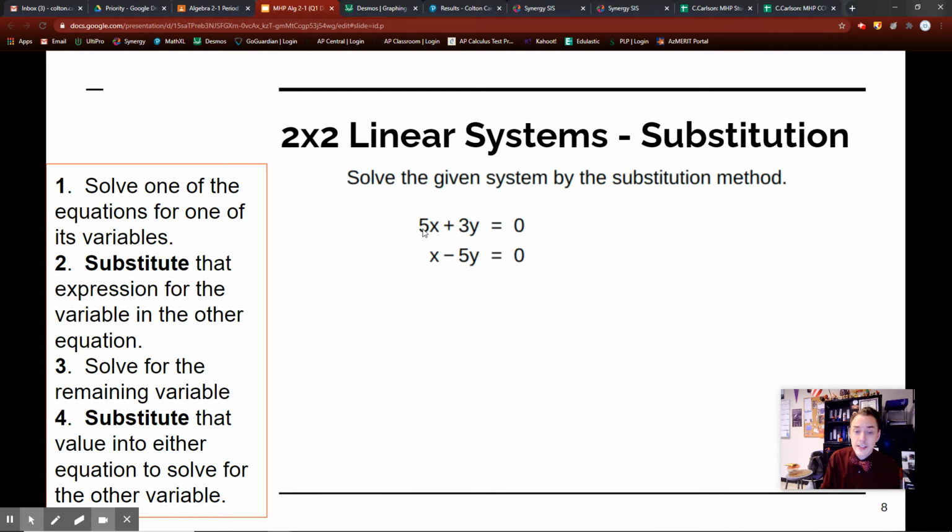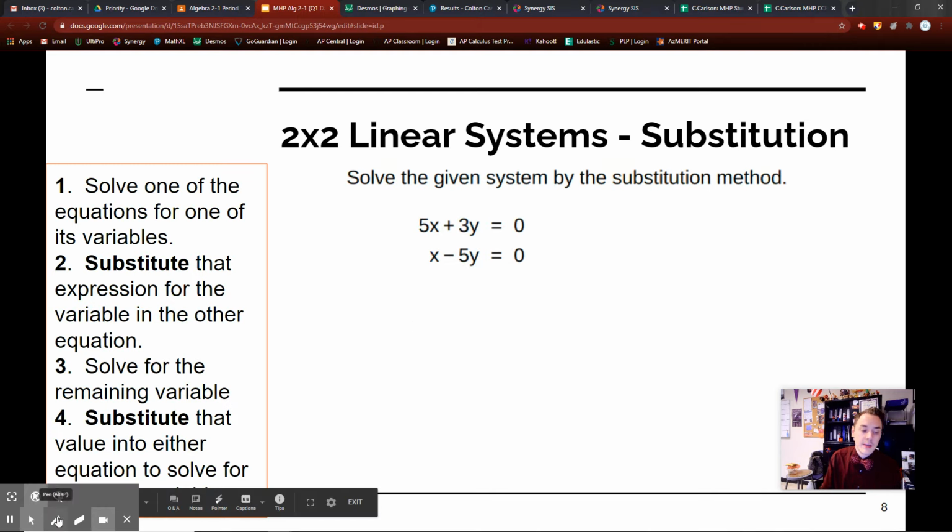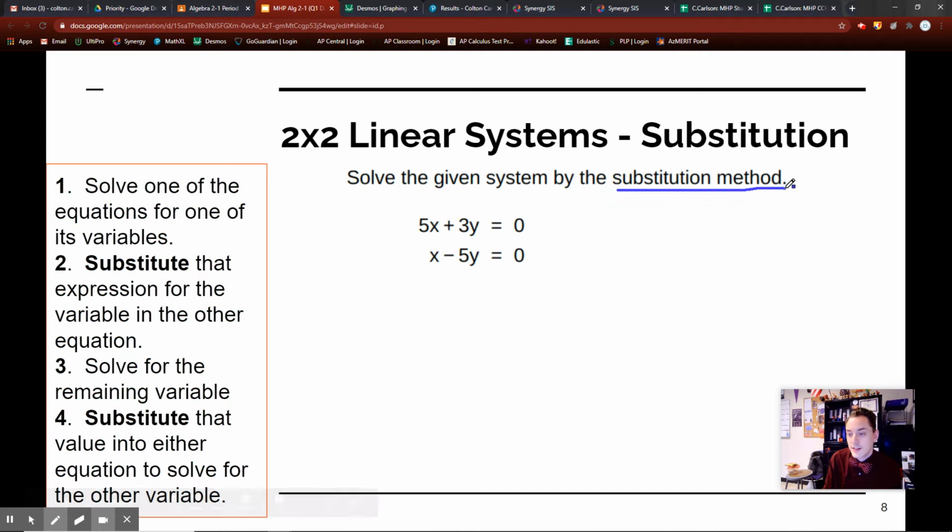What does that mean? Well, this is a good method for substitution, not just because they tell us substitution method, but because there's one variable that technically has no coefficient, and that is this x.